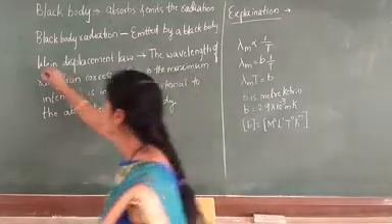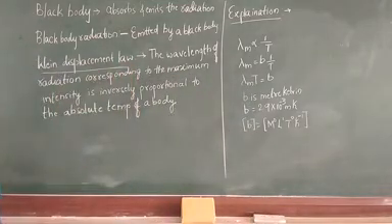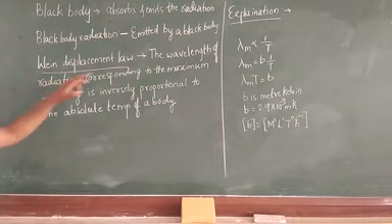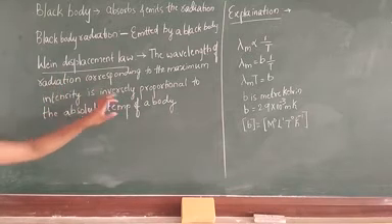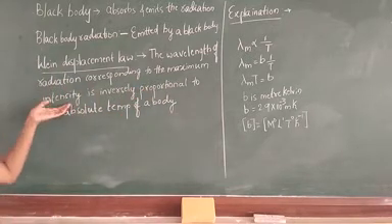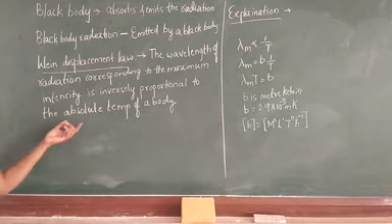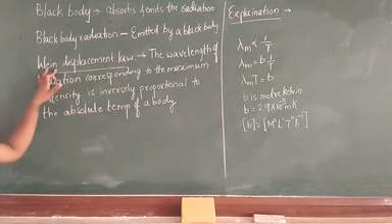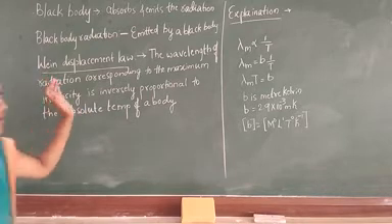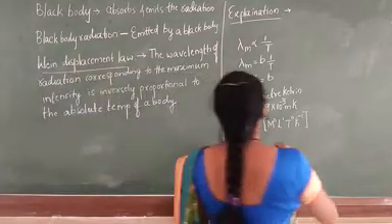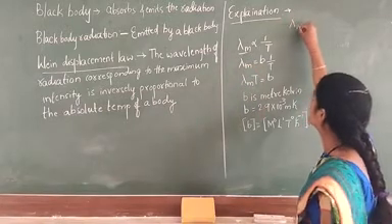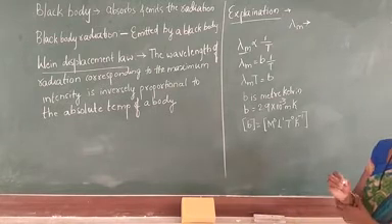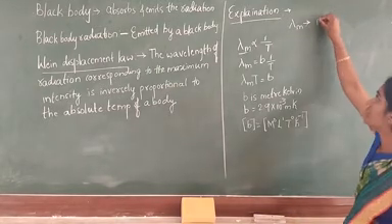Now next we have to study about the Wien displacement law. According to the Wien displacement law, the wavelength of the radiation corresponding to the maximum intensity is inversely proportional to the absolute temperature of a body. Let us consider lambda M, the wavelength of the radiated energy at the maximum point.